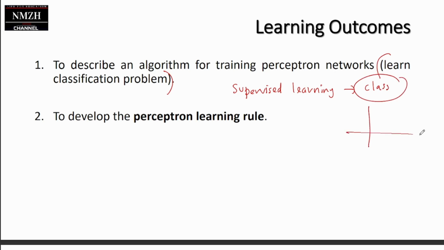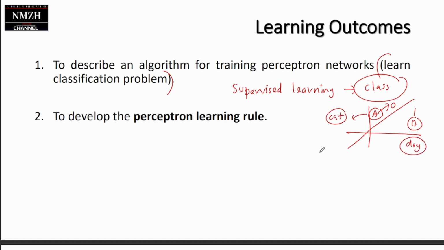Particularly, if we have the boundary line, this side is 1, this is 0, or in binary, or this one is A and B categories, or this one is cat or dog. Things like that.